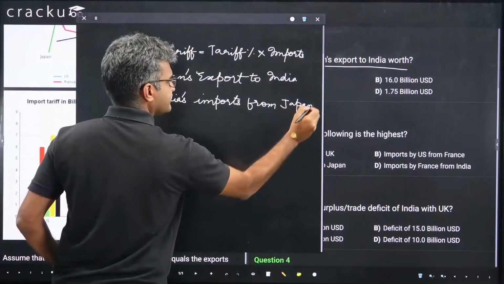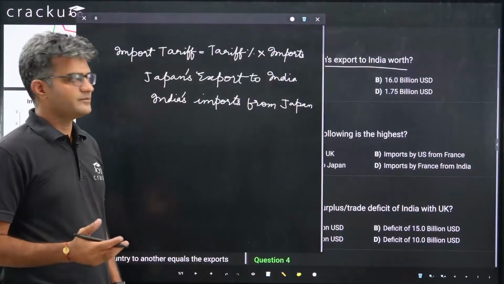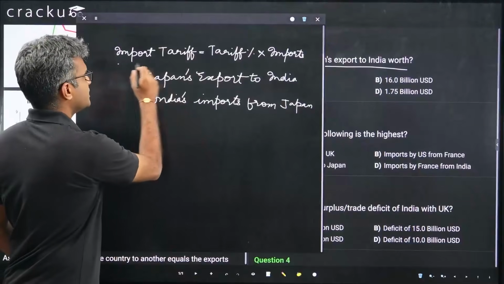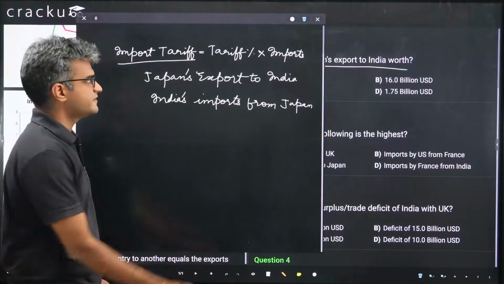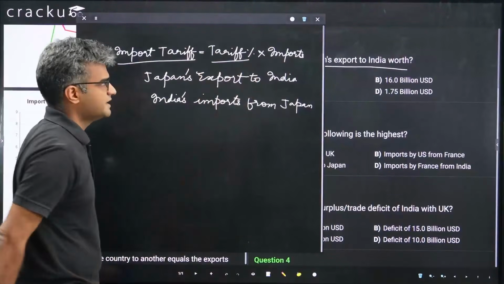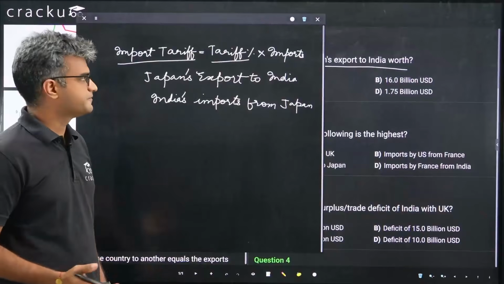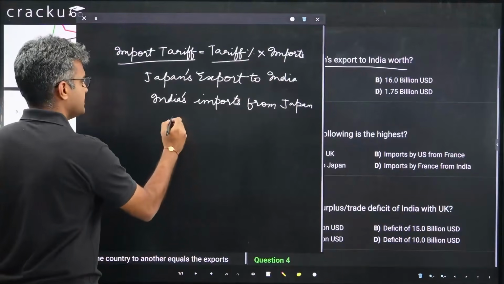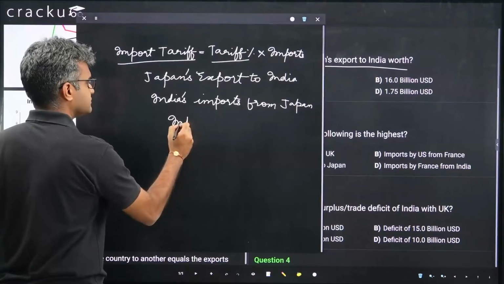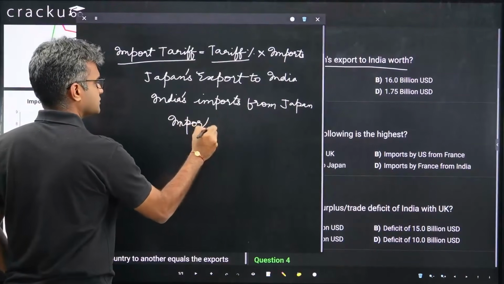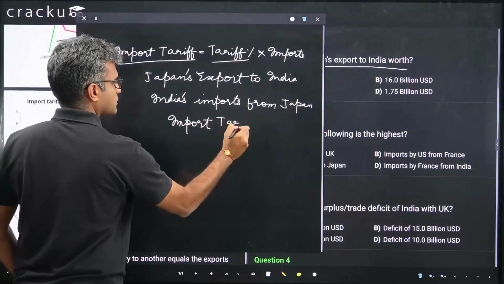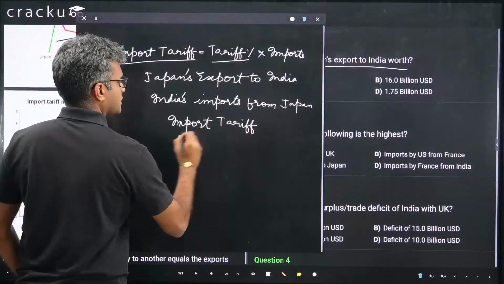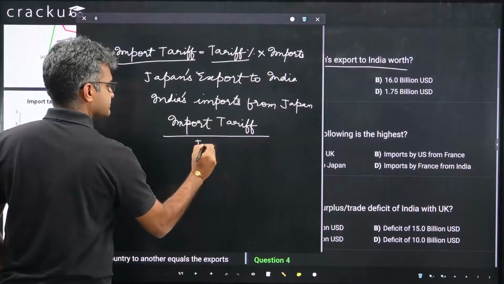Now we are not given the imports of India, but what we are given is the total import tariff that India collected. We are also given the tariff percentage that India has imposed on Japan. So the total imports of India from Japan will be import tariff divided by the tariff percentage.